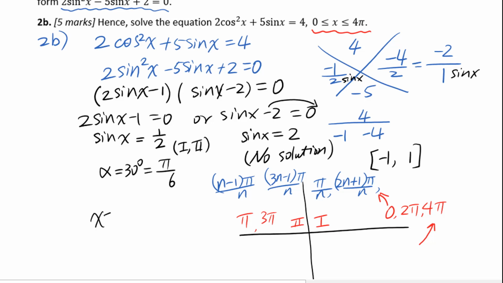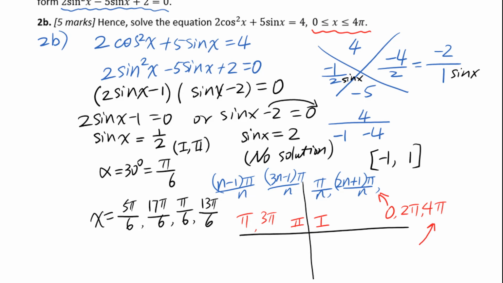Therefore, x, where n equals 6, so we have 5 pi over 6, 17 pi over 6, pi over 6, 13 pi over 6. We have 4 solutions to this equation.